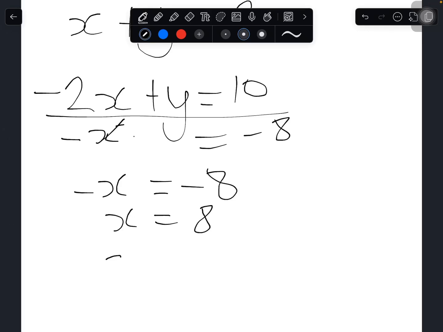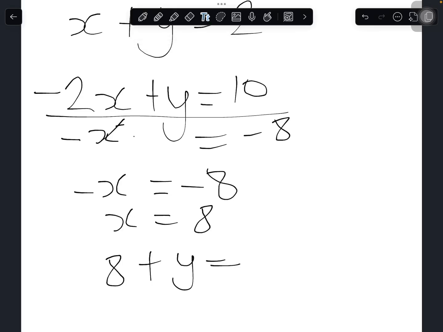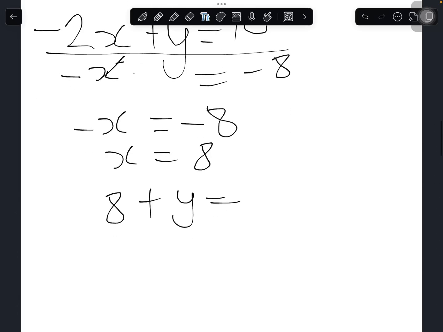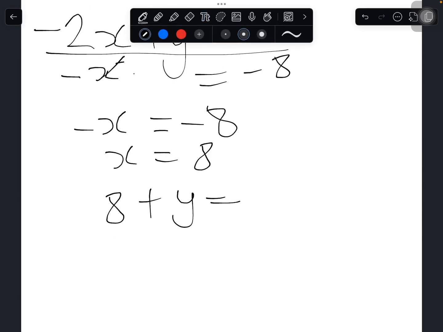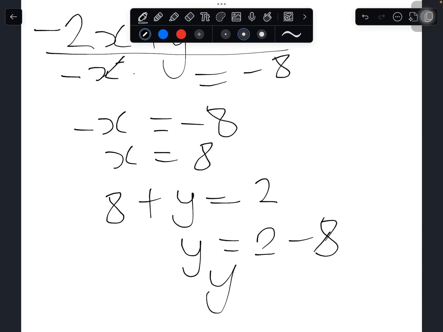So we have 8 plus y equals 2. Now we'll just solve. We say y equals 2 minus 8, and that gives us y equals negative 6.